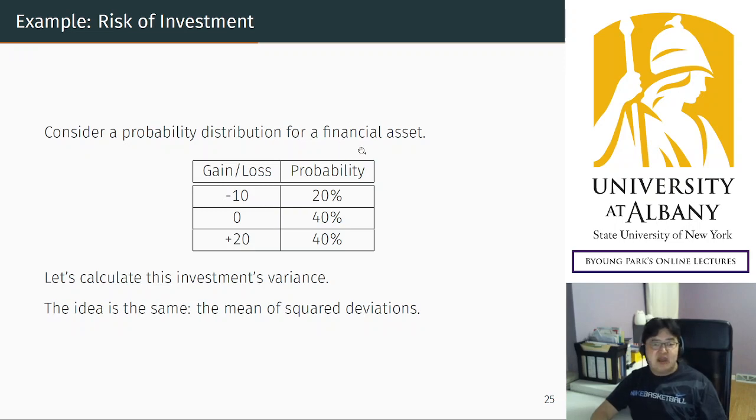Here we have a financial asset. The financial asset has this probability distribution. So say you invested in a stock, like Tesla, and then you expect that with 40% probability it returns $20, or increases 20%, and with another 40% it returns zero.